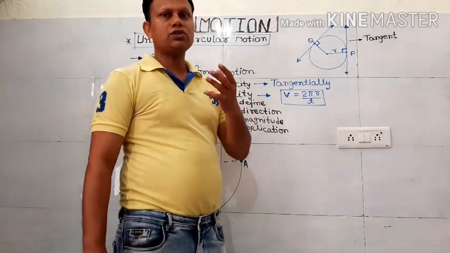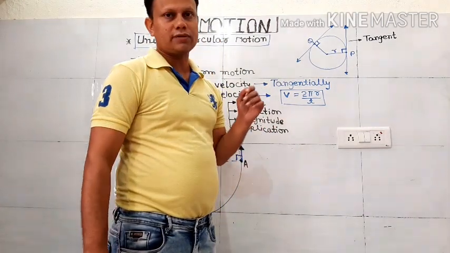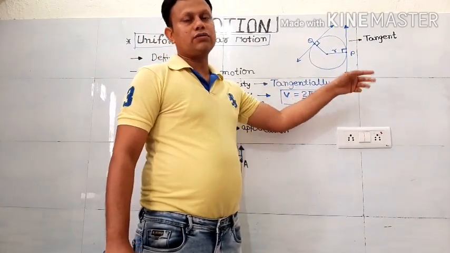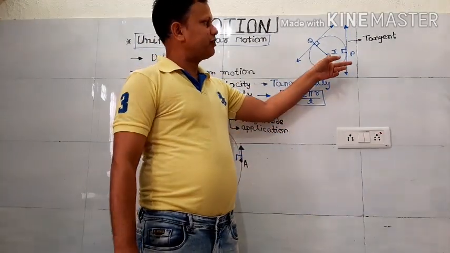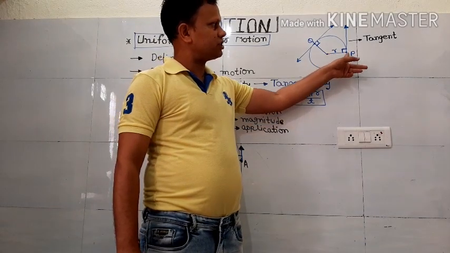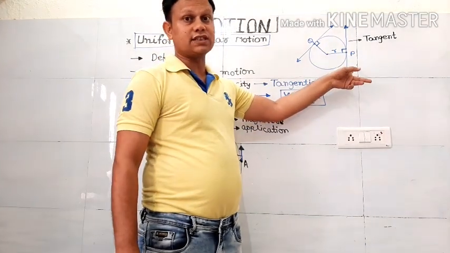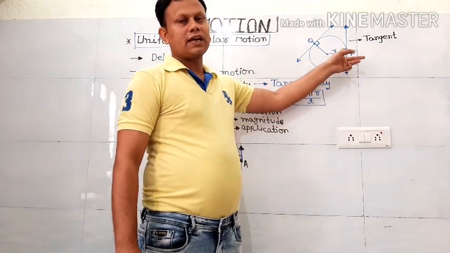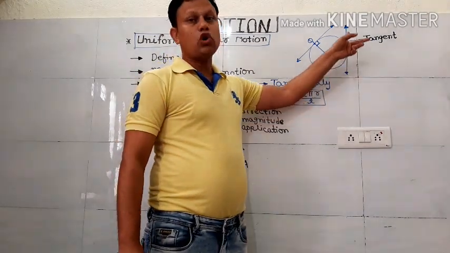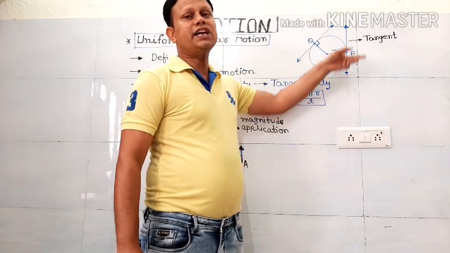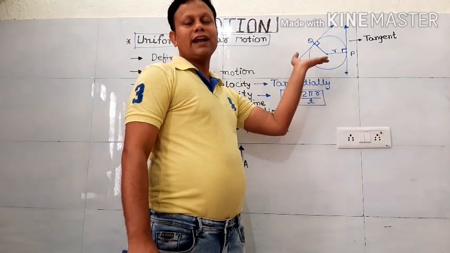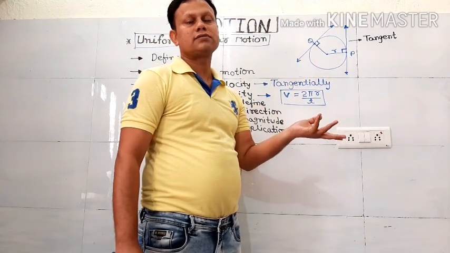Now what is the relation of this tangent to our topic? One of the properties of the circle is that whenever we join the center to the point of contact where the tangent is touching, obviously it becomes a radius. This radius is always at 90 degrees to the tangent, or the tangent is at 90 degrees with the radius.